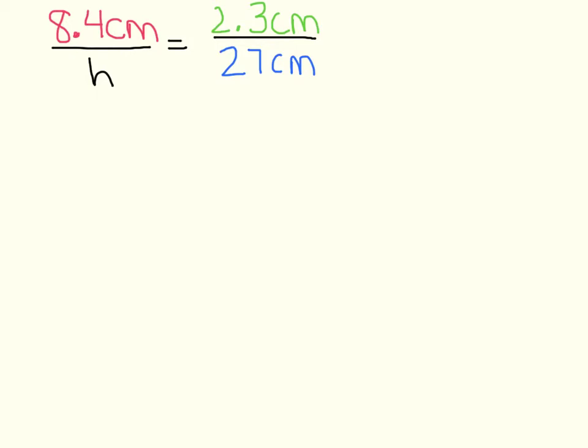Here's the method we're going to use to solve this problem, guys. We are going to cross multiply here. With cross multiplication, you multiply in the shape of a cross or an X. That means that we are first going to multiply 8.4 centimeters times 27 centimeters.